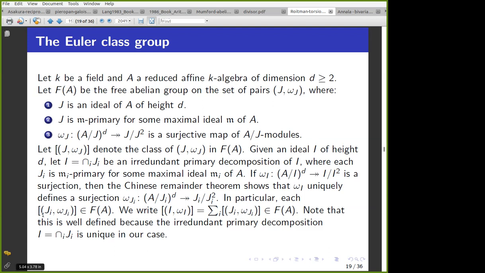In particular, these are all in F of A, so you can write (I, omega I) equal to the sum of these classes. Note that this is well defined because irredundant primary decomposition is unique, at least in our case.